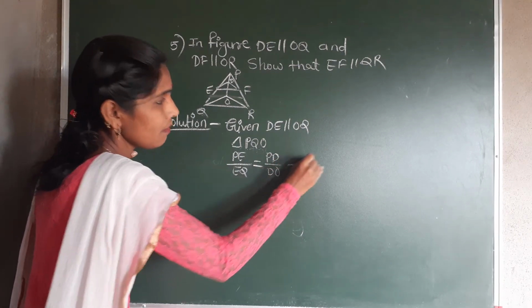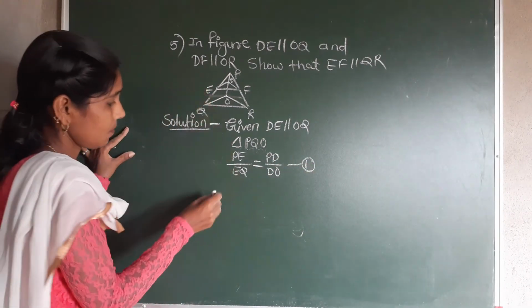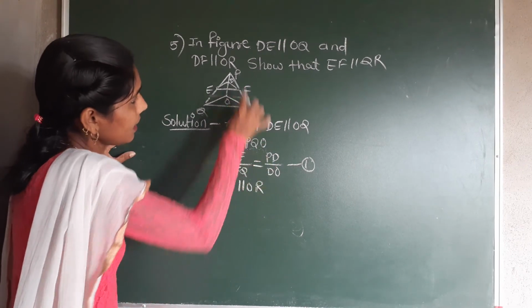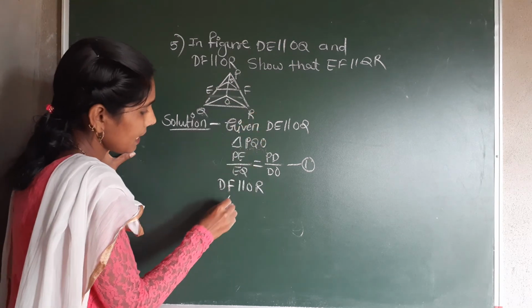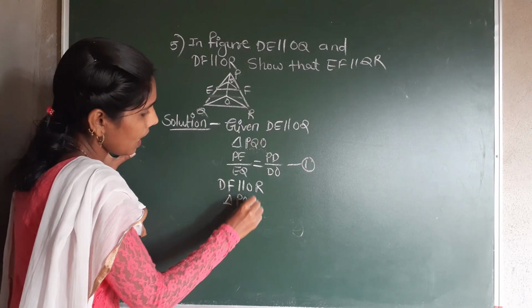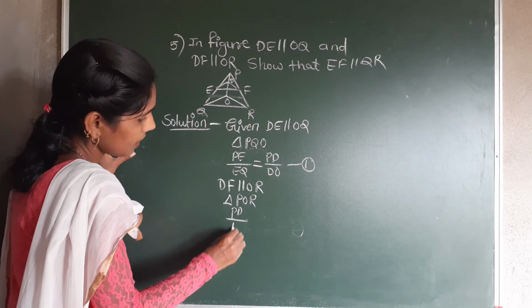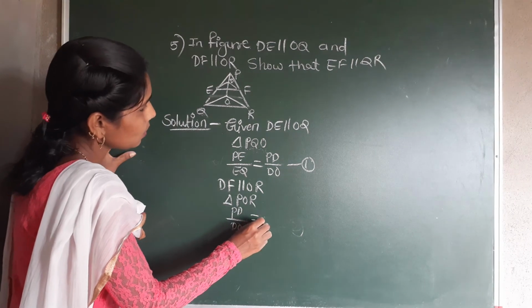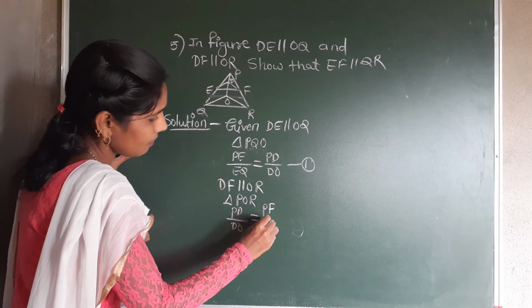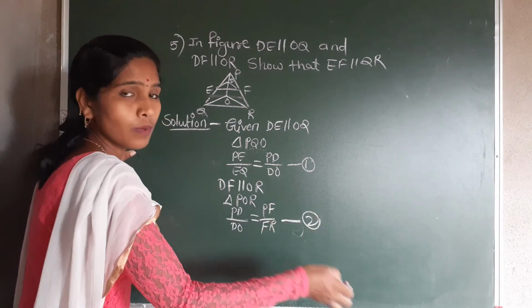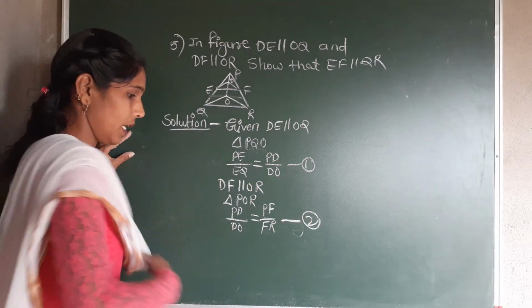This is equation 1. Next given, DF is parallel to OR. In triangle POR, we can write here PD divided by DO is equal to PF divided by FR. This is equation 2.